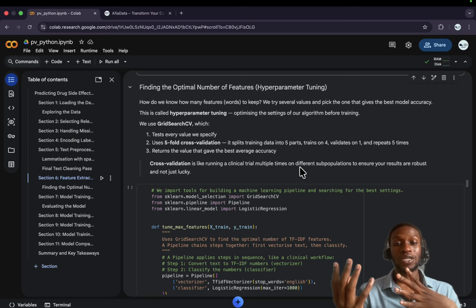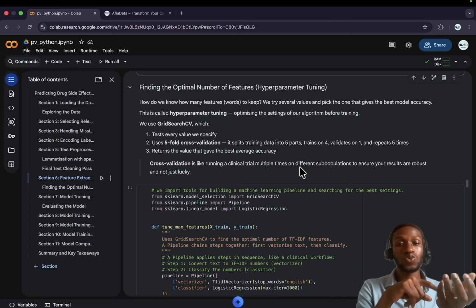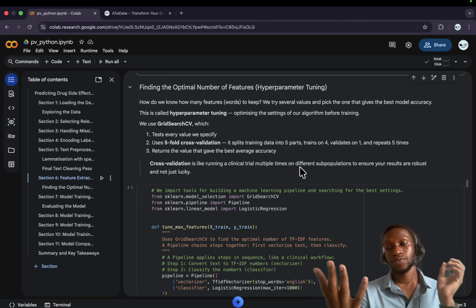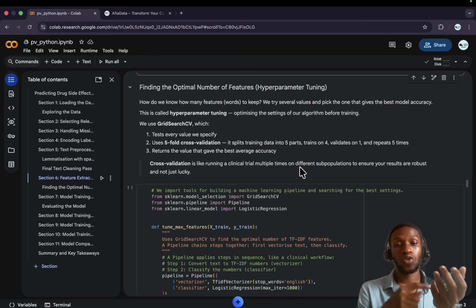And when it looks at everything, this creates a problem in computing, because the computation is very large. So before the algorithm searches this data set for training purposes, we need to tune it. In this case, we call that step hyperparameter tuning.